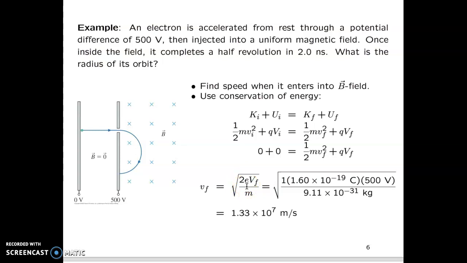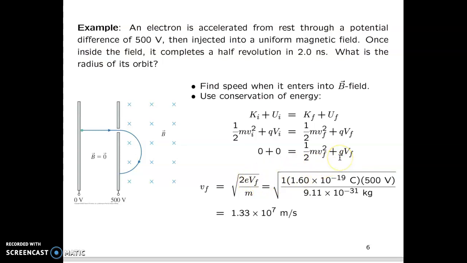Now you might want to have a pen and paper handy right now to write this down. Little q is equal to negative e. e is the magnitude of the charge on an electron or proton. The charge of an electron is negative e.